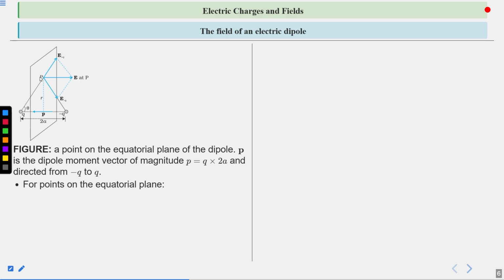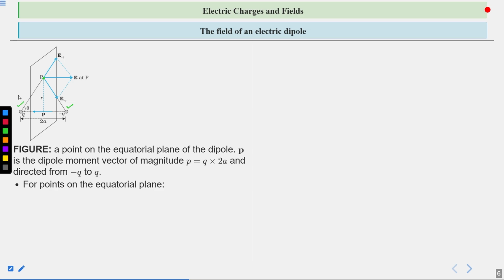Now we have to find the electric field on the equatorial plane. Suppose point P is situated on this plane. At point P, we have to find the electric field due to charge plus Q and due to charge minus Q. We will calculate step by step.